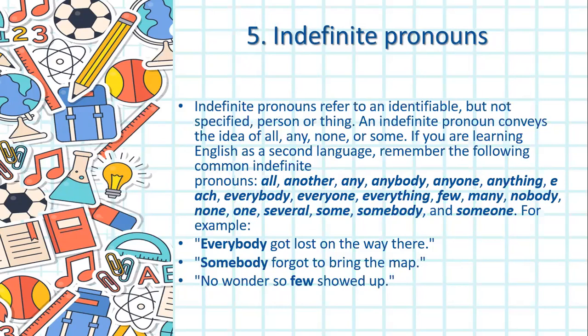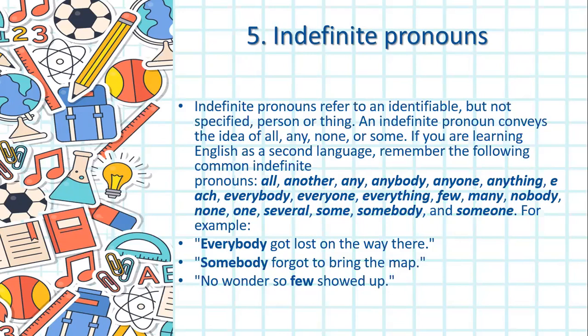An indefinite pronoun conveys the idea of all, any, none, or some. So they are the following: all, another, any, anybody, anyone, anything, each, everybody, everyone, everything, few, many, nobody, none, one, several, some, somebody, someone.